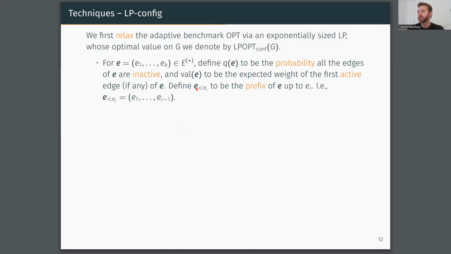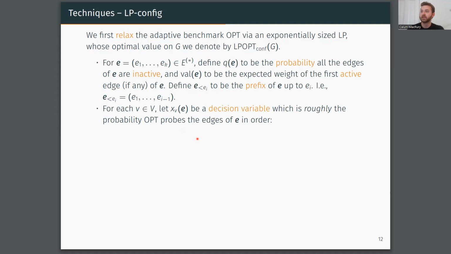Finally, we also need some notation indicating a prefix of a sequence. And in order to describe the LP, we need a decision variable for every vertex and every possible sequence of edges.